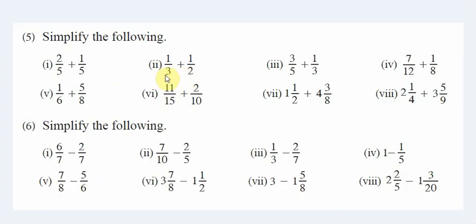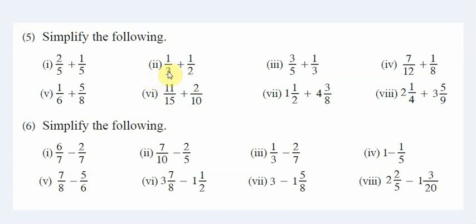Then what you can do is you multiply these two together first, that means 3 into 2 is 6. Then you need to write this fraction also in 6, this fraction also in 6. Now to make this 3 as 6, you need to multiply this 3 by 2, then this becomes 6, fine.